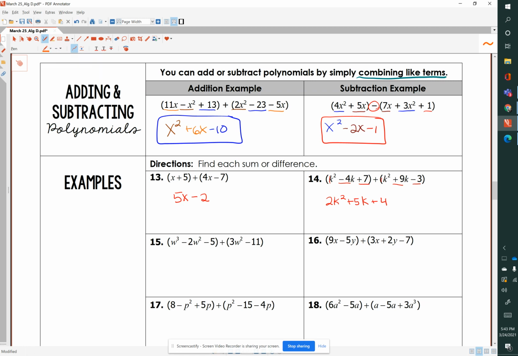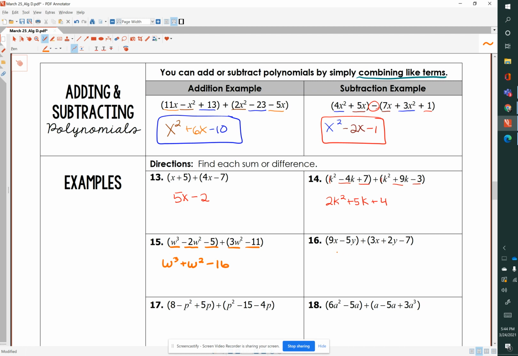Okay, w to the third minus 2w squared minus 5 plus 3w to the second minus 11. So there is only one w to the third term. And then we have negative 2 plus 3 equals 1, so it's plus w squared. Negative 5 minus 11 is minus 16.